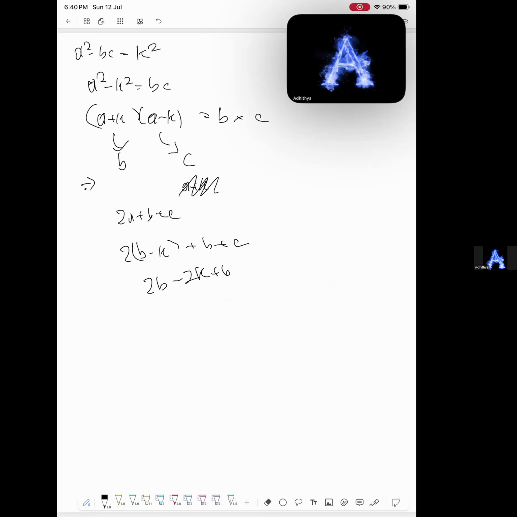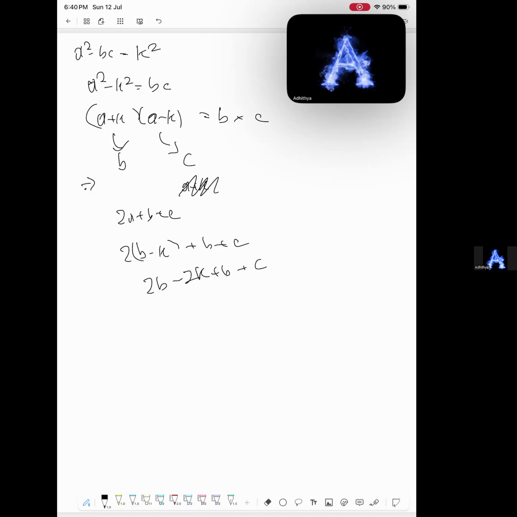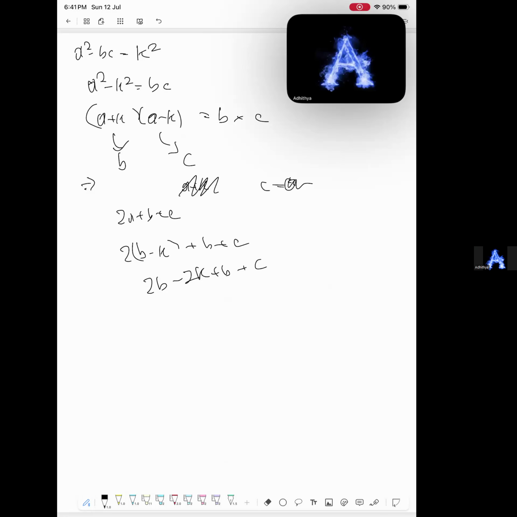Both are basically the same, no? You can also write c in terms of b. In terms of a, c is a minus k, and you substitute a in this equation.